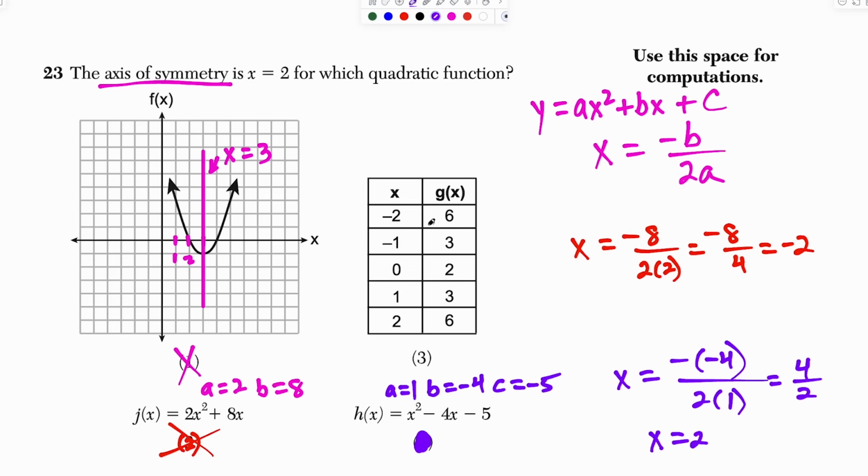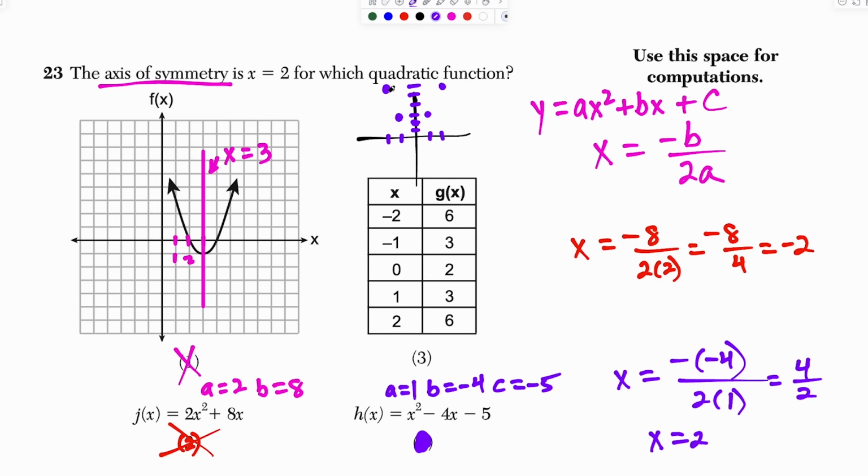Now, let's think about why choice 3 is no good. Well, if we were to just sketch this out, I'm going to draw out an xy axis like this, and we have the point negative 2, 6. So I'll say negative 2, and then up 1, 2, 3, 4, 5, 6. So negative 2, 6 would be over here, then negative 1, 3, and then we would have 0, 2, and then we would have 1, 3, and then we would have 2, 6.